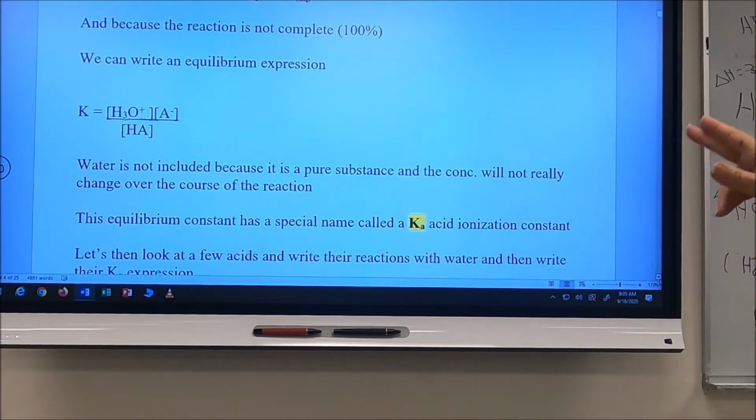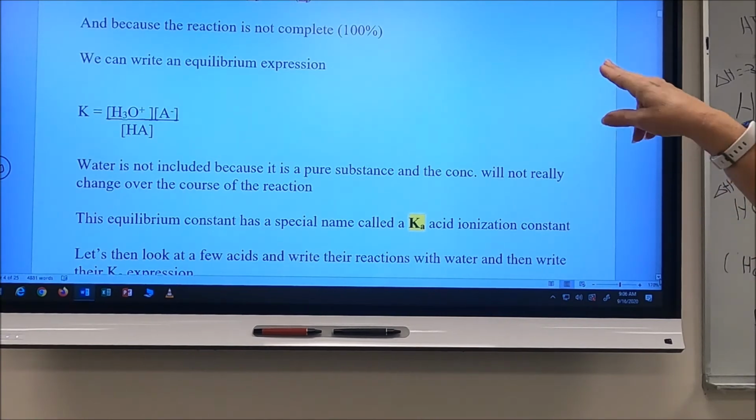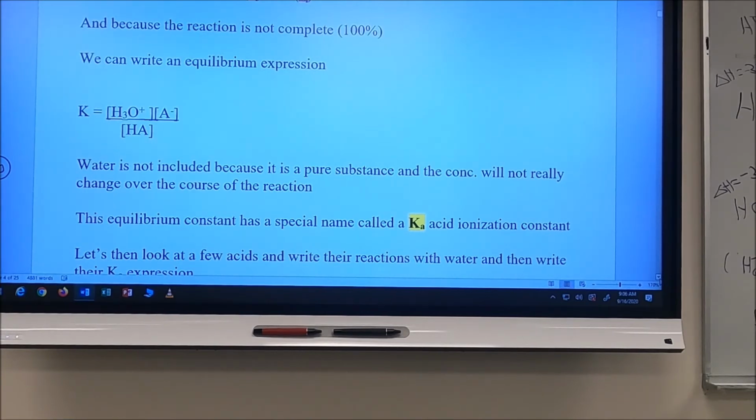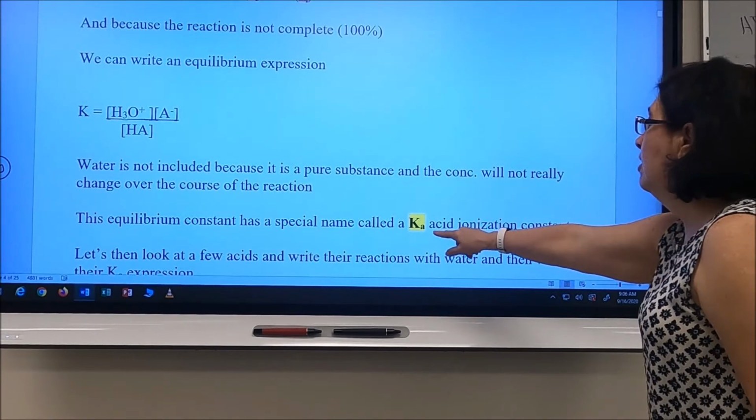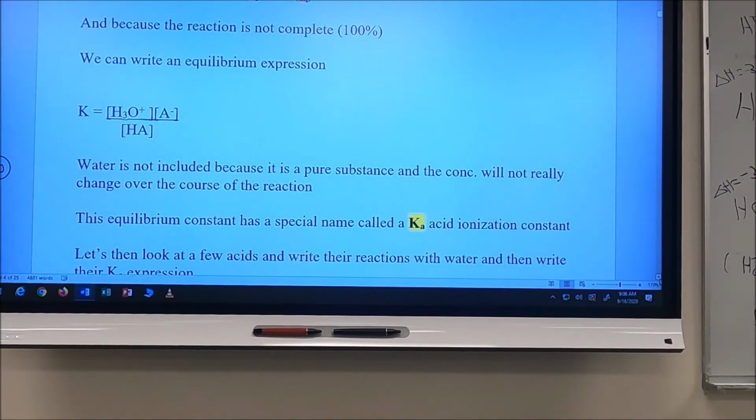The K is going to equal hydronium ion concentration times anion concentration over HA, the weak acid concentration. Okay? Water is not included in this equilibrium expression because water is a pure substance. Notice its subscript is L for liquid. Now, because this is an equilibrium expression for an acid ionization, it gets the symbol Ka, little subscript a. The a says that this is an acid ionization constant. Fancy way of saying that you've got an equilibrium constant for the acid ionization reaction.